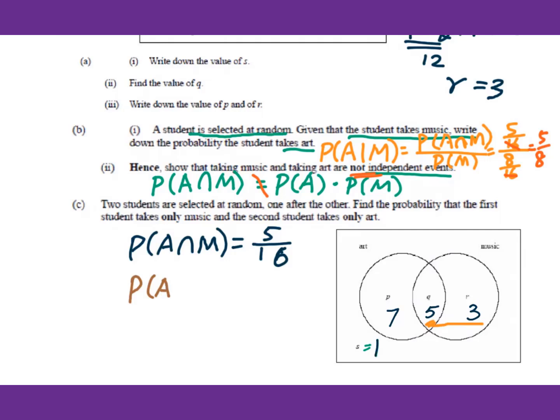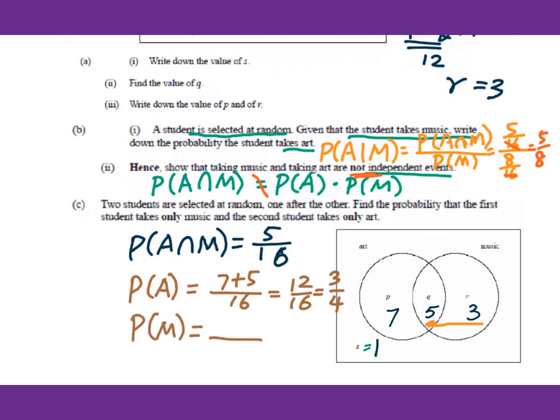Probability of A equals 7 plus 5 over 16, 12 over 16. That is 3 over 4. Probability of M equals 5 plus 3 over 16, that's 8 over 16 equals 1 over 2.